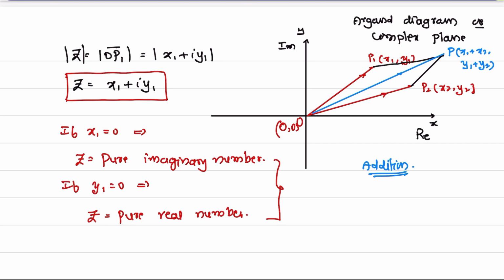And then second, let w is equal to vector OP2, that is equal to x2 plus iy2.